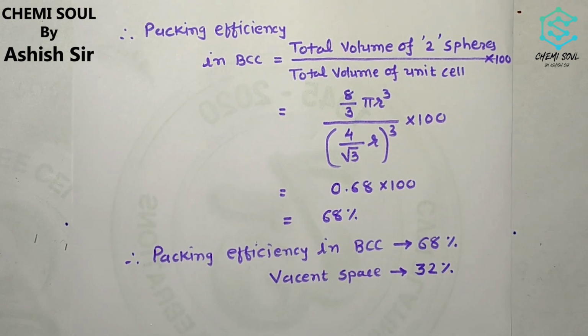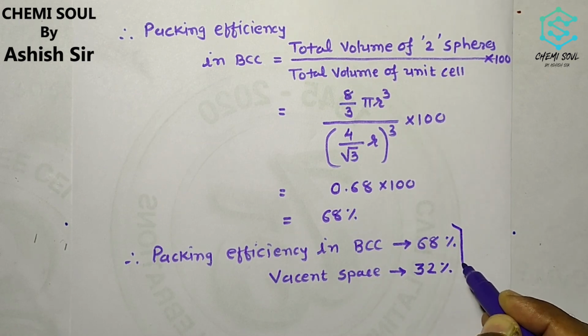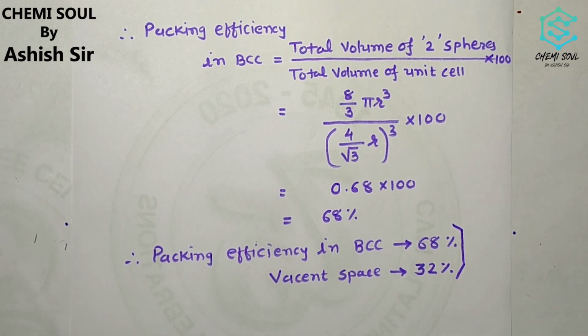In this lecture we have seen the packing efficiency in BCC, and in our next lecture we will see the packing efficiency in FCC, CCP or HCP. I hope you understood the point very well. So write it down in your notes and try to learn it. Thank you.